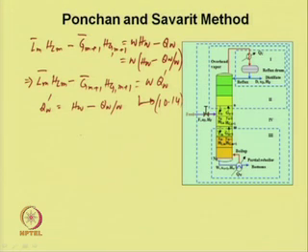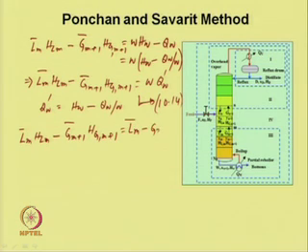Now, from the total material balance, if we put W is equal to L m bar minus G m plus 1 bar, then this equation becomes L m bar H L m minus G m plus 1 bar H G m plus 1 would be equal to (L m bar minus G m plus 1 bar) into Q W dash.